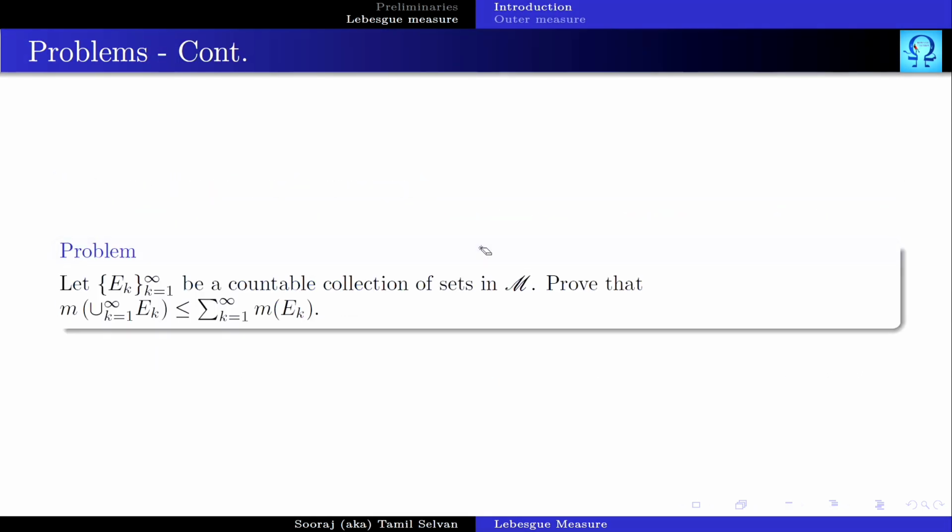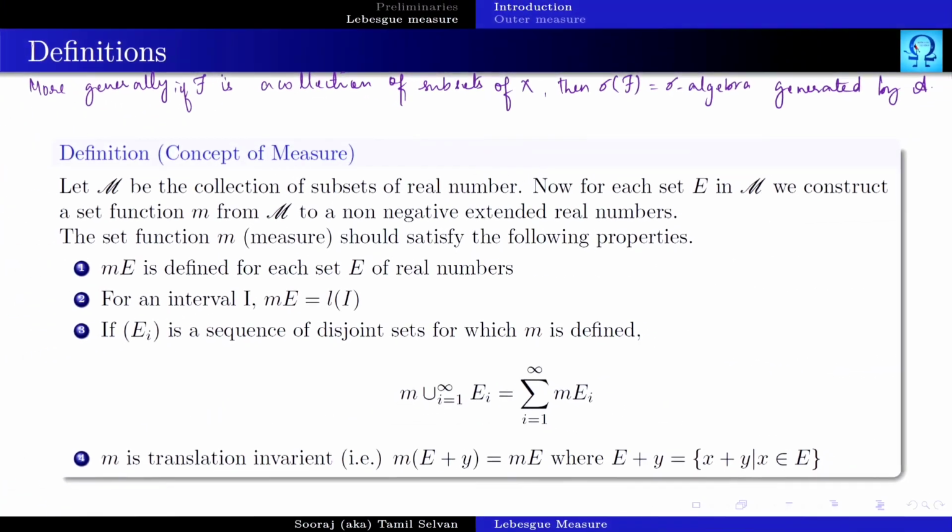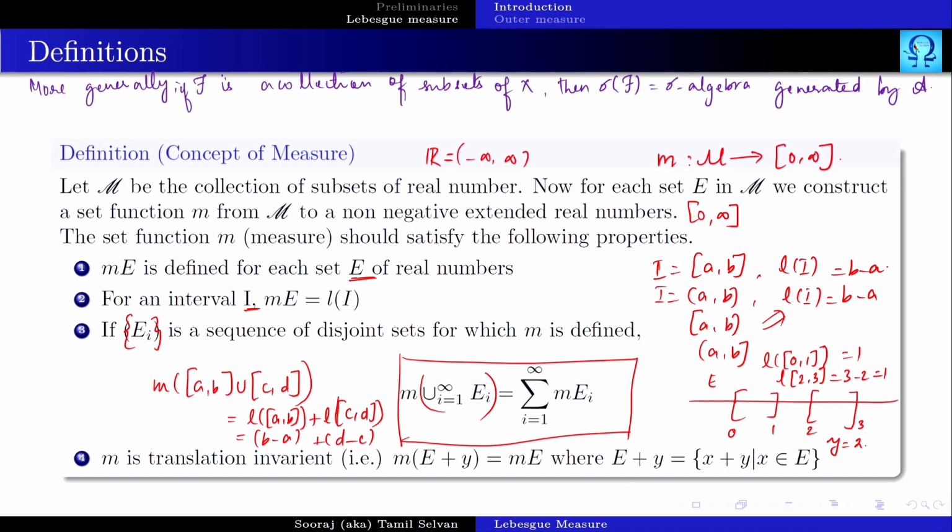So basically the definition holds trivially. In addition, if the domain of M is a sigma algebra, then we call the measure M a countably additive measure. Only this.